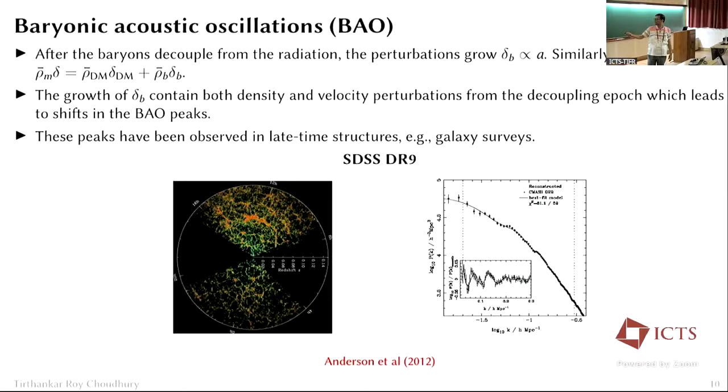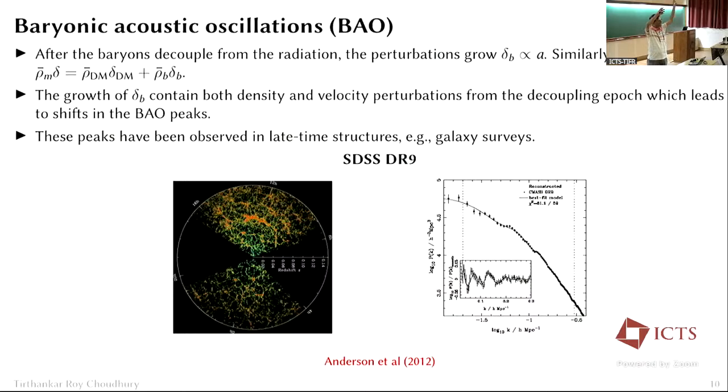What you see are these wiggles. There is a smooth component here. If you subtract out the smooth component, in the inset you see these wiggles, which are also showing up here. That is the baryonic acoustic oscillation. Actually, it is much more prominent in the correlation function space where it comes as a peak. But those are details. So that is how you measure the imprint of that fluctuation in the galaxies.